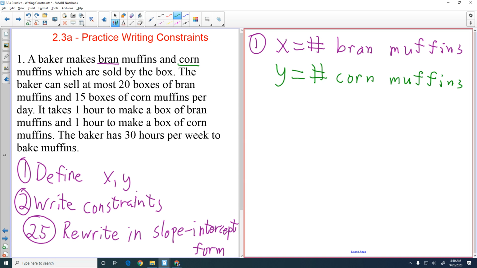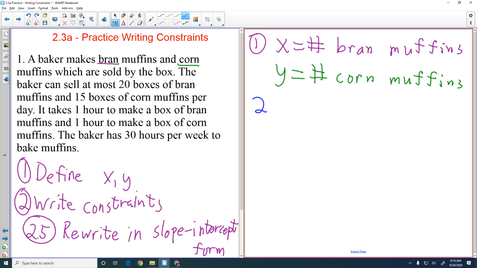And hey, that's step 1, everybody. When you do test on this stuff, which is not going to be next week, it'll be several weeks from now, the first part will be defining the variables. Do you all think you can do this? Define the 2 unknowns. Very good.